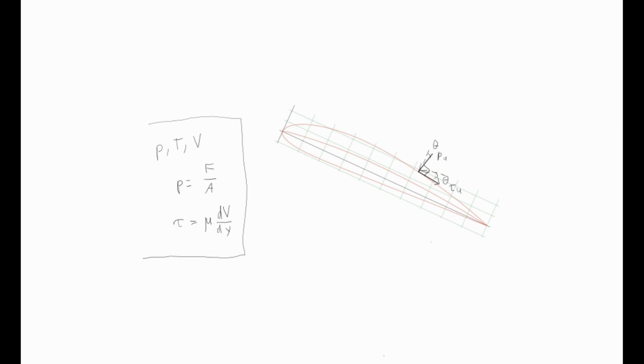Hence, from the components, we can derive the change in the normal force and the axial force on the upper surface, hence the subscript U. ds here is basically the change in distance across the surface.